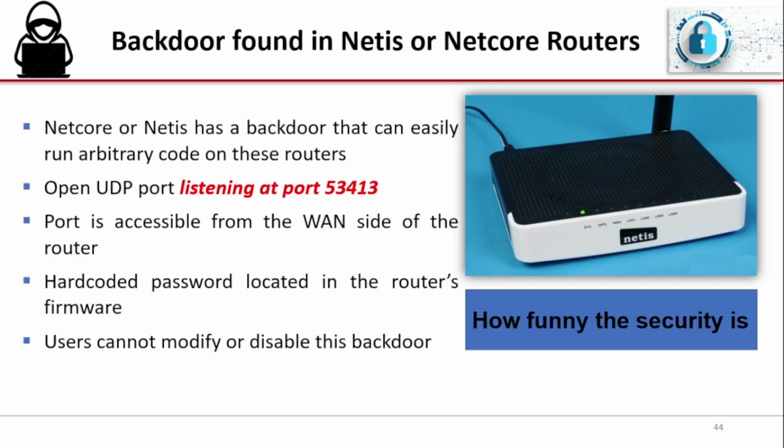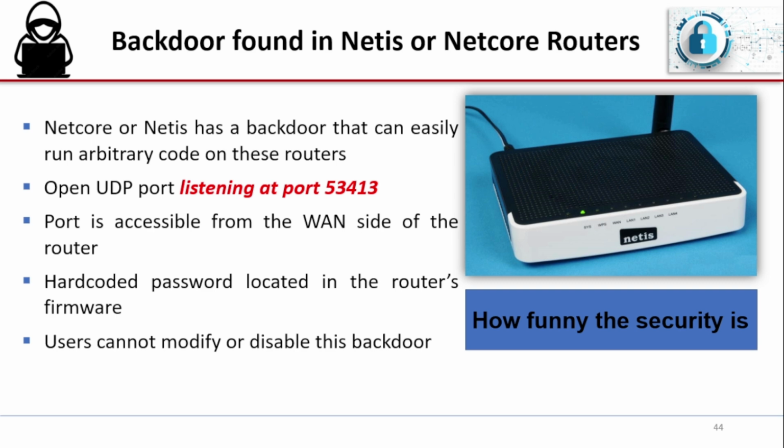Now, see, there are so many devices in which there are vulnerabilities. This NetOS has a backdoor that can easily run arbitrary code on these routers. A router has so many ports: the physical ports, and then the virtual ports. Both virtual and physical ports can be targeted by hackers if there is an open port and not enough security placed on it.